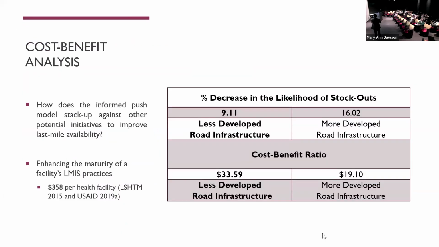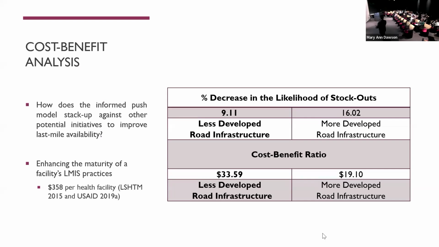And then as I promised, I'm going to compare this to other initiatives, because you can do a thousand other things to also increase the last mile availability of health commodities, right? In our context, one obvious alternative is to just buy a computer, for example. So invest in enhancing the LMIS practices of health facilities. How does that compare to doing a full-blown transition to the informed push model?